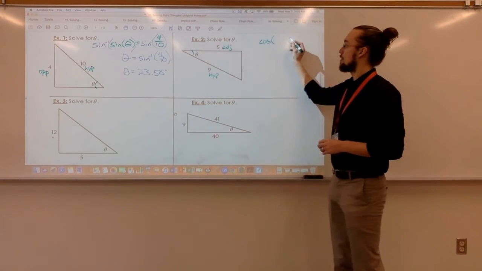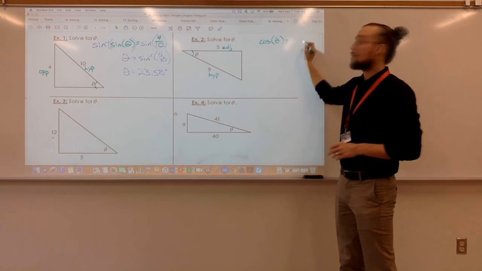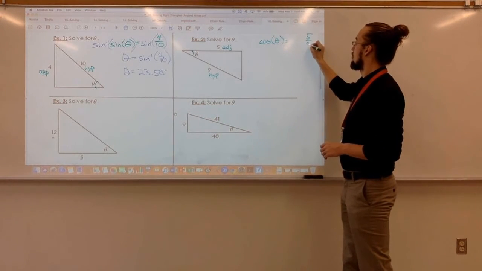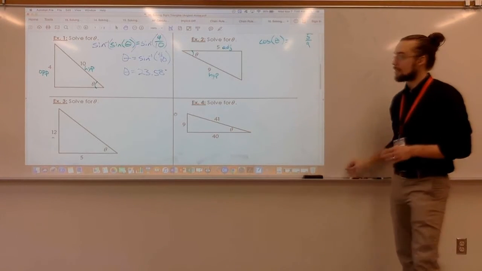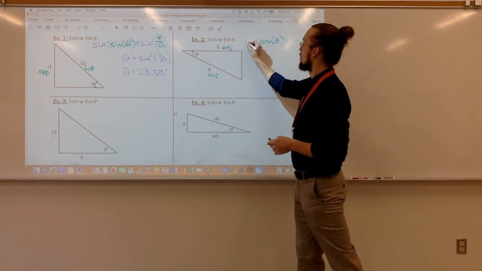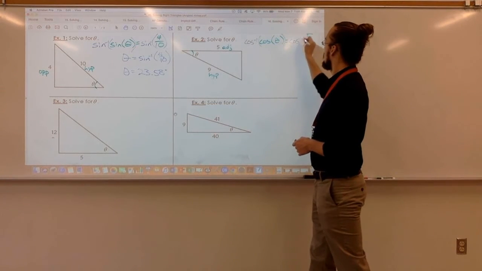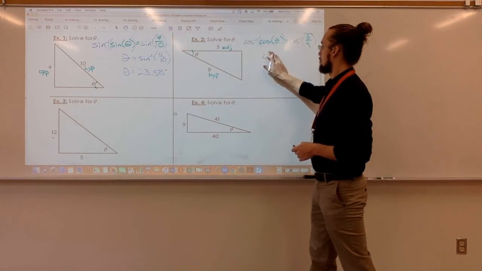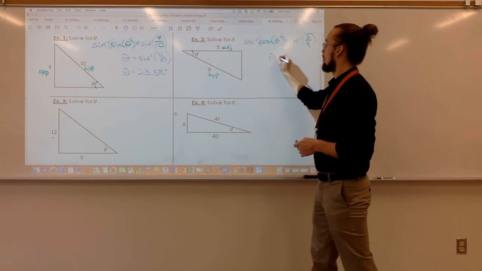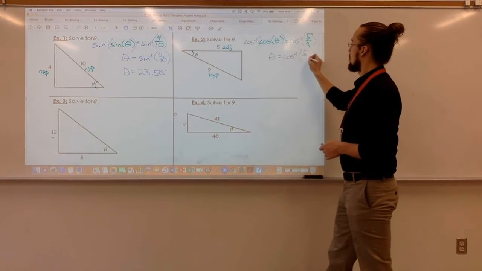Cosine of theta equals 5 over 9. Now what? Take the inverse cosine of both sides. So when I do that, this all cancels. I just get theta equals the inverse cosine of 5 over 9.